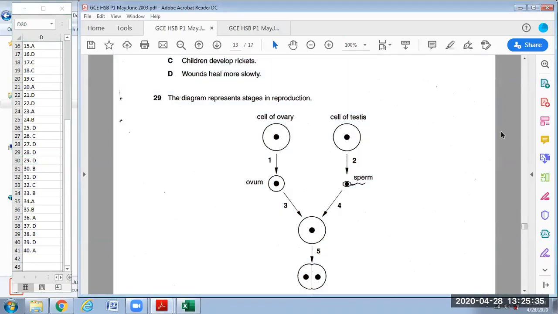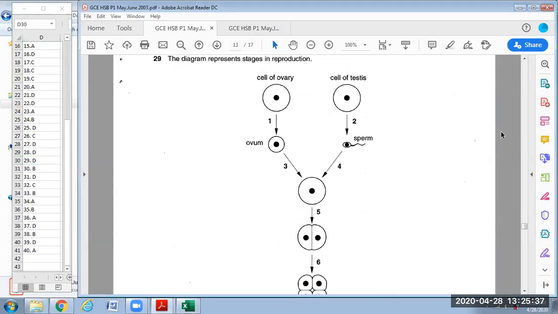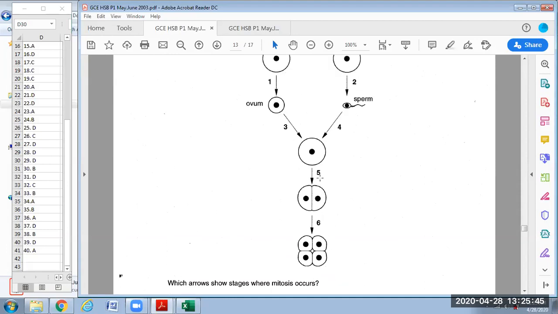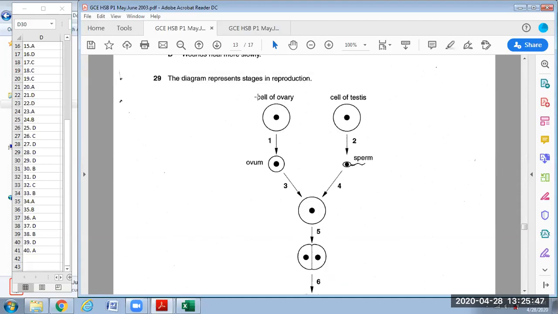The diagram represents stages in reproduction. Which arrow shows stages where mitosis occurs? D. 5 and 6. All right, so always know that the eggs in the ovary, as well as the sperm cells, are going to divide by a process called meiosis. Meiosis is when the sex cells divide.